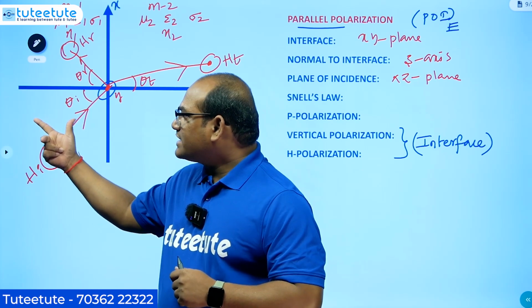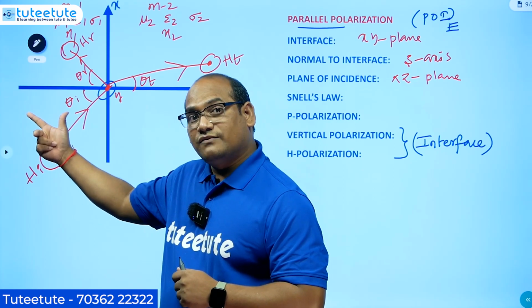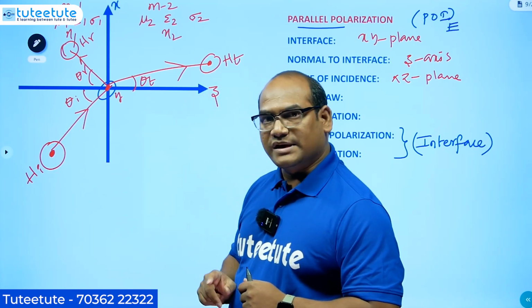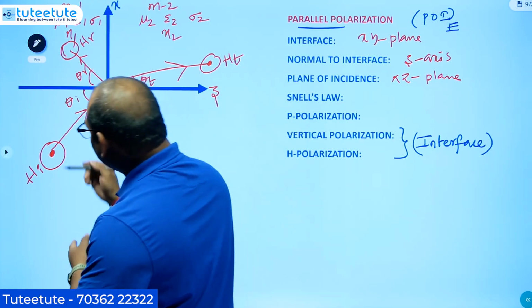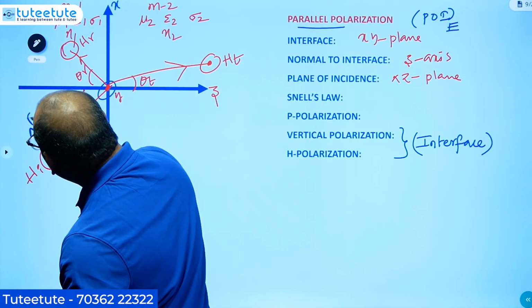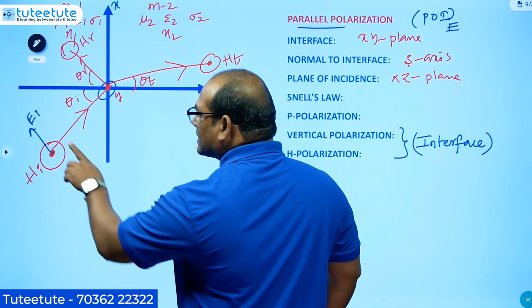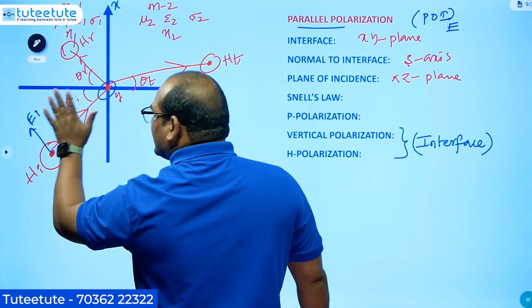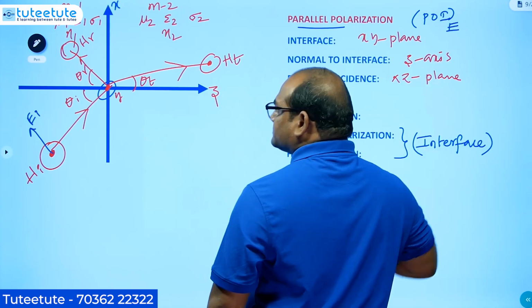So suitably we can take the electric field like this. Now you see the electric field is oriented in the plane of incidence. That's why it is called parallel polarization.